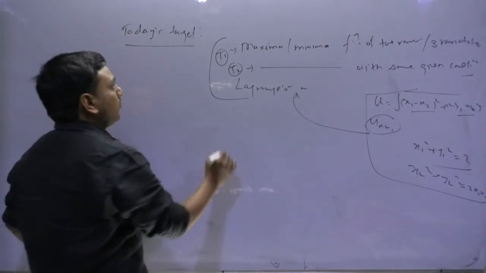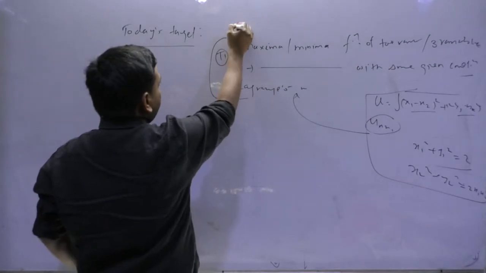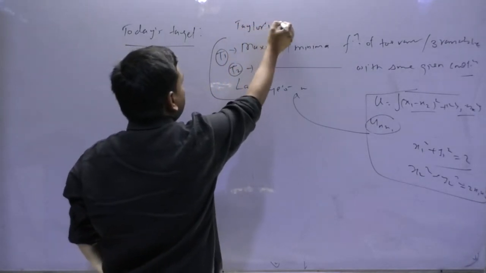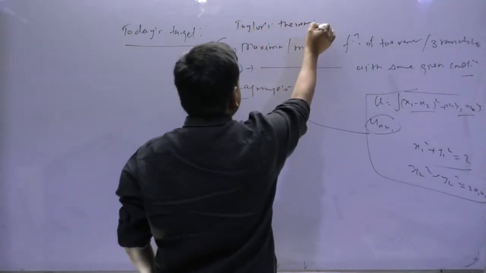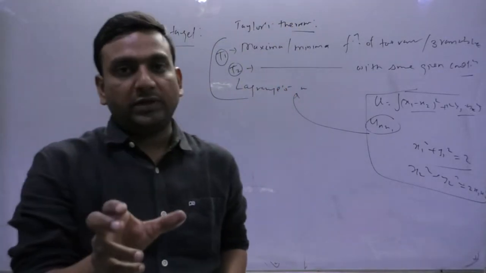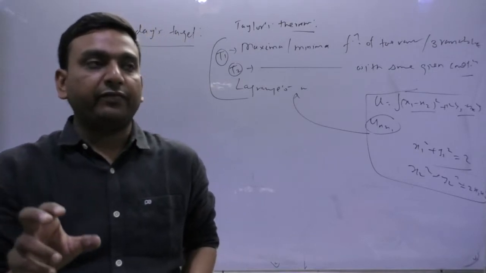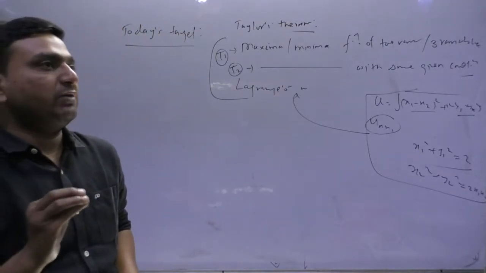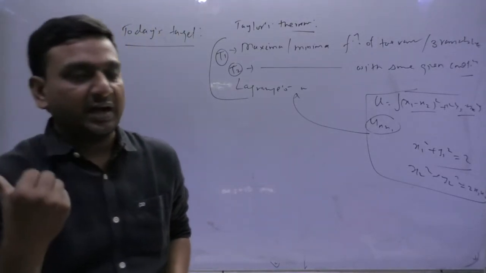For that we need to have a bit of understanding of Taylor's theorem. When I say Taylor's theorem, the introduction part is given in the PDF, and how the questions can be framed is also exemplified in that.